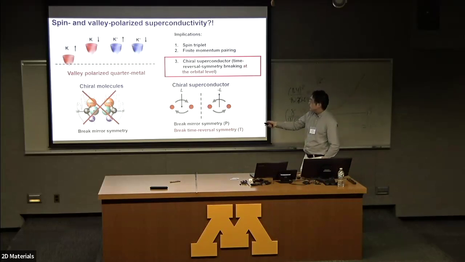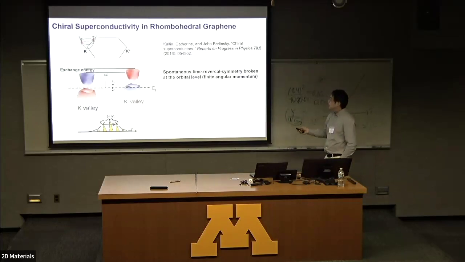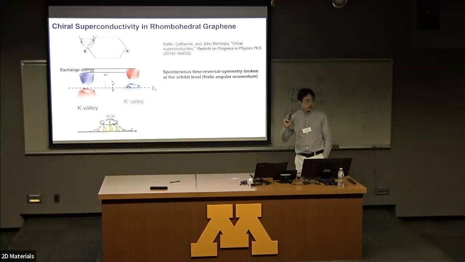And this is because your parent state already breaks the valley symmetry. Right? So in this sense, just knowing the parent state is a spin and valley polarized quantum metal, we already know there's orbital level angular momentum, so it's a chiral superconductor, regardless of the symmetry of the superconductor order parameter.